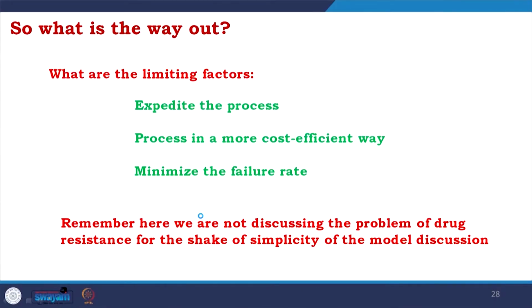And when I am discussing that, remember very well, we are not discussing the problem of drug resistance. I will discuss it in a case study at the end, but now I just discuss normal drug designing for the sake of simplicity of the model discussion.